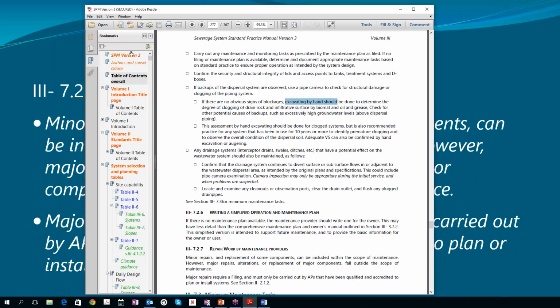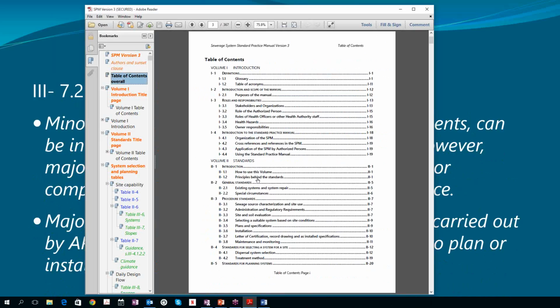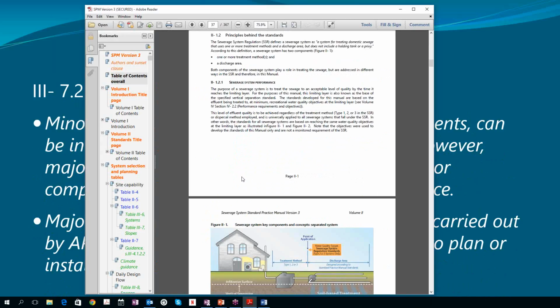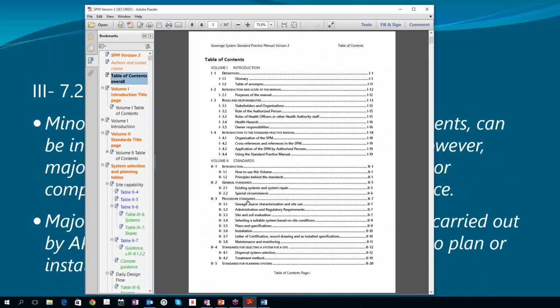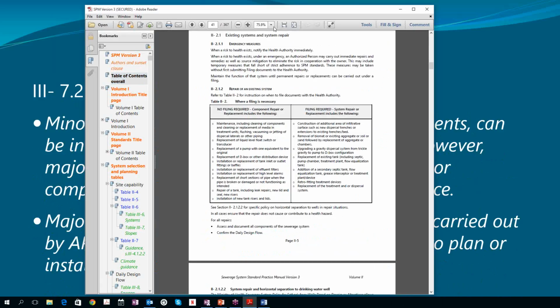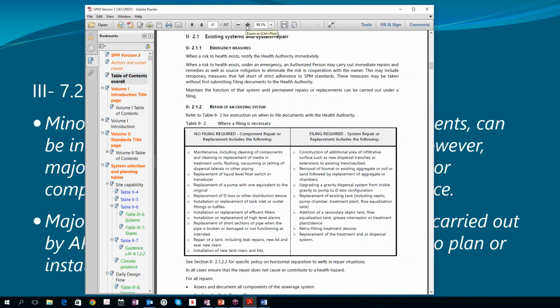2.1.2. Let's see now. 2.1, that was wrong. 2.1.2. I always make that mistake. So it's this table that we've looked at before. So component repair, a maintenance provider can do without a filing.